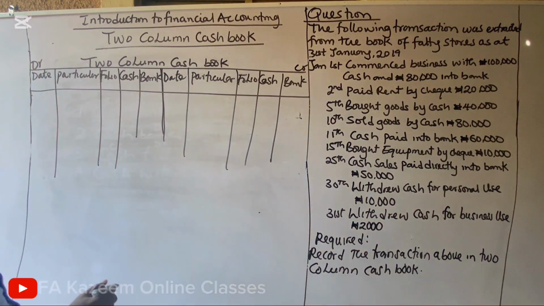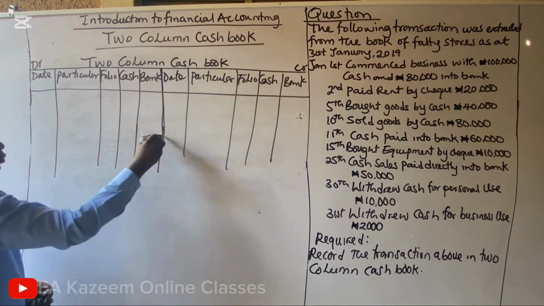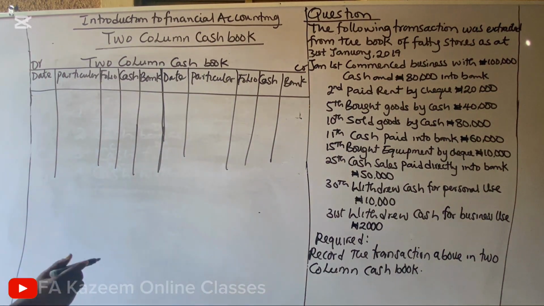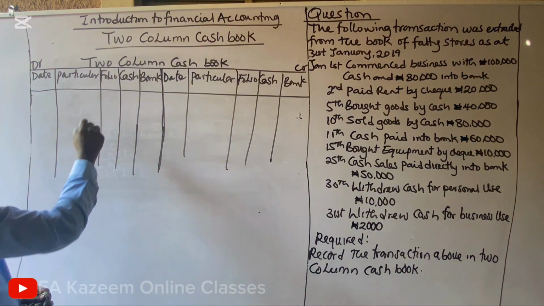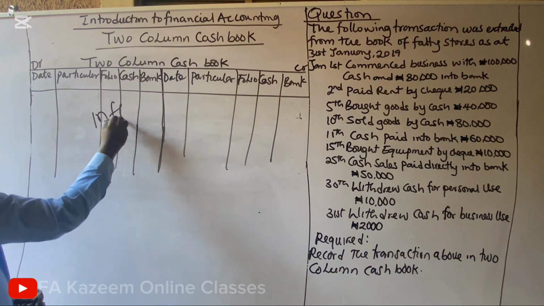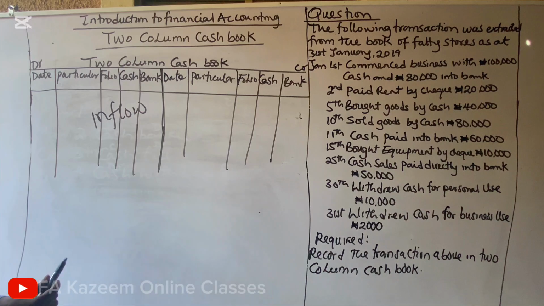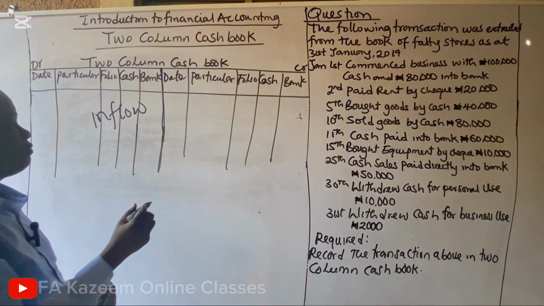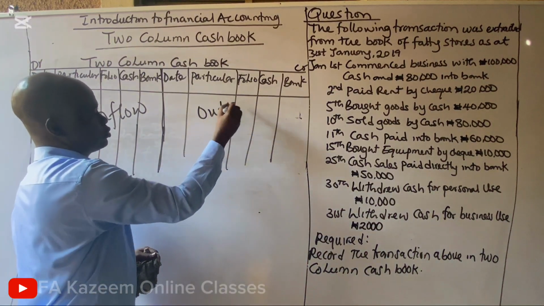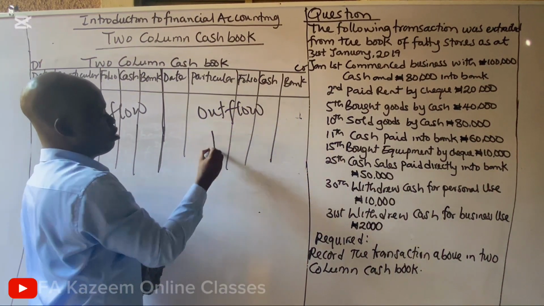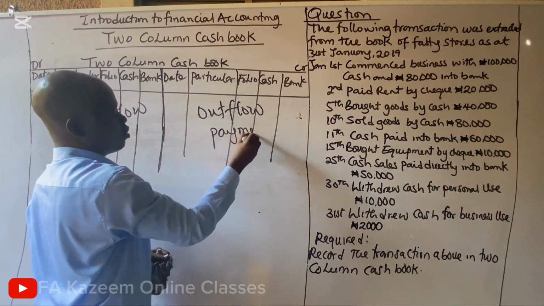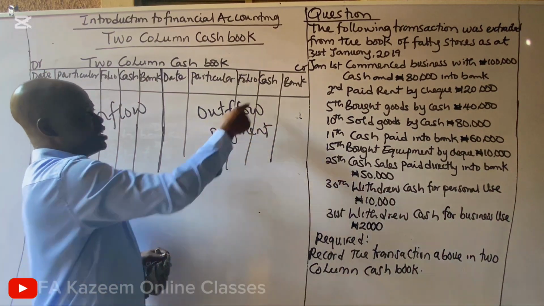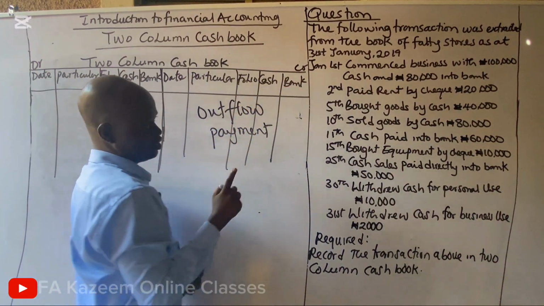For every inflow of money into the business through cash is going to be on the debit side. For every inflow of money through the bank is going to be on the debit side. For every outflow or any payment made by cash will be on the credit side.